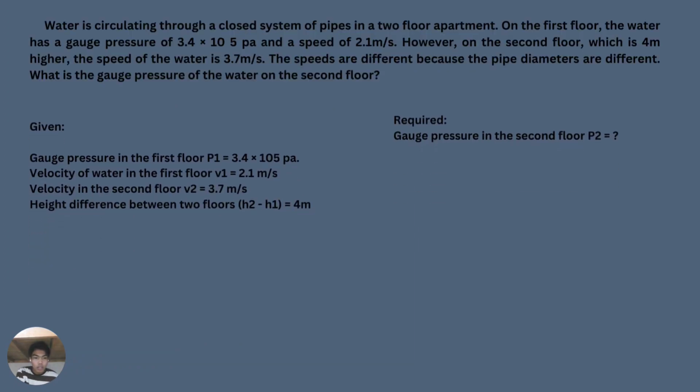Kung i-equate natin siya sa equation na H2 minus H1, 4 meters pa rin ang kakalabasan since wala ka namang ibabawas sa H2 mo, which is yung 4 meters. Like, 4 meters minus 0 is equal to 4 pa rin. Next is, yung hinahanap natin is gauge pressure on the second floor, which is P2. Yeah, it's observable naman sa ating problem.